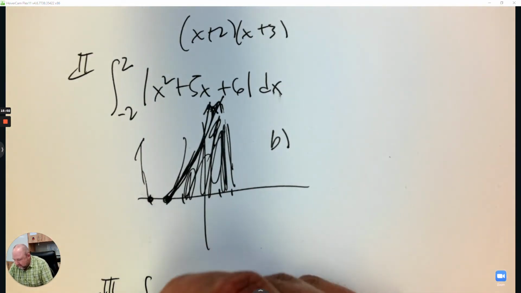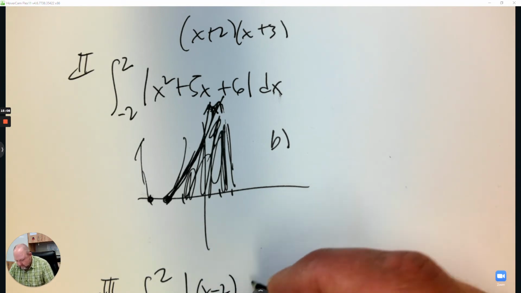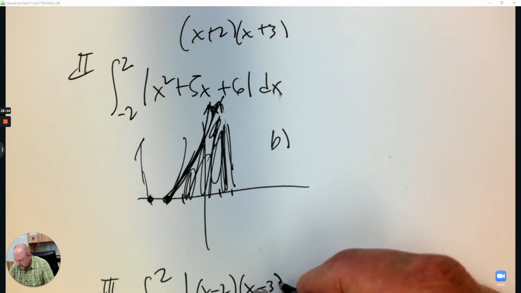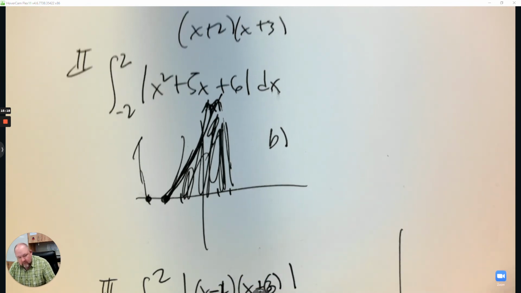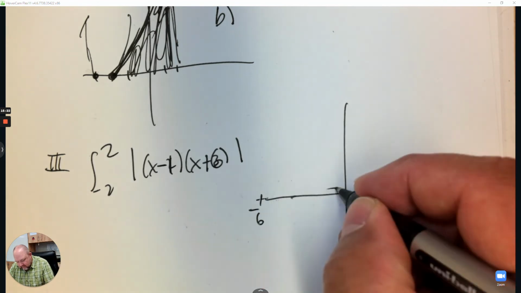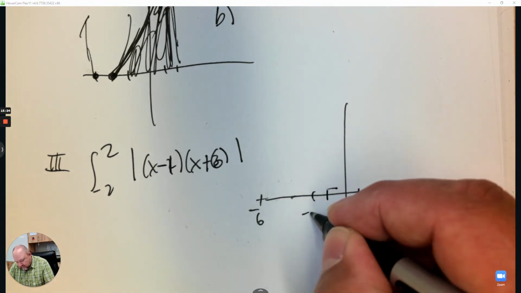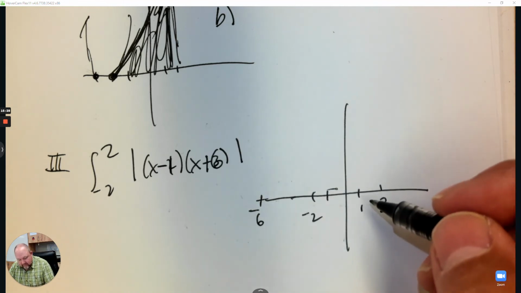For 3, if I factor it right away, it's going to be plus 6 and minus 1. So we have negative 6 and 1. So if we go from negative 2 to 2, there's going to be a part that's underneath here.